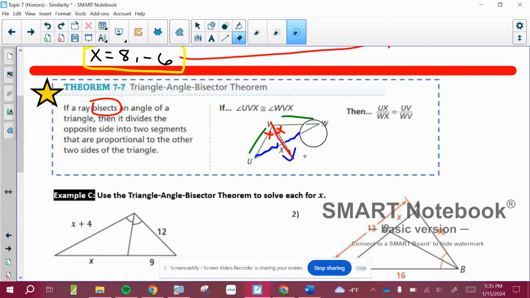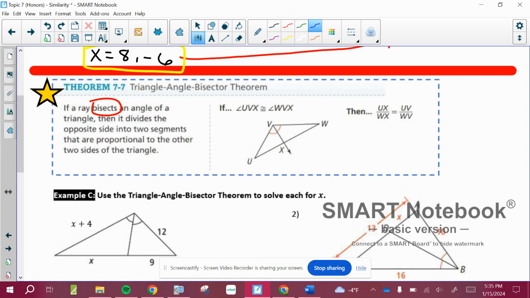Okay, so let me clean up this picture here, and I'll kind of go over that a little quicker. Okay, so again, I'm just going to kind of give these names. So let's call this A and B, and let's call the sides C and D. Okay, so what this theorem says, if that ray is an angle bisector of angle V, which they're showing you in the picture it is, they're using the congruent markings here, then the side the ray splits makes a proportion, okay, A over B, which is proportional to the 2 side lengths.